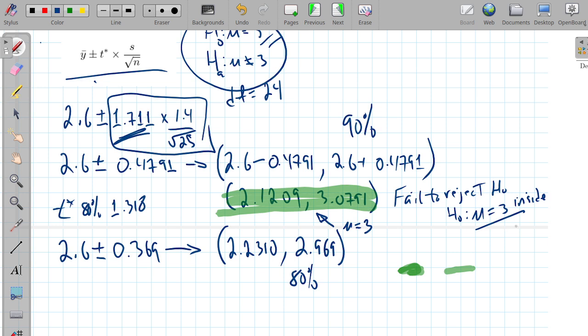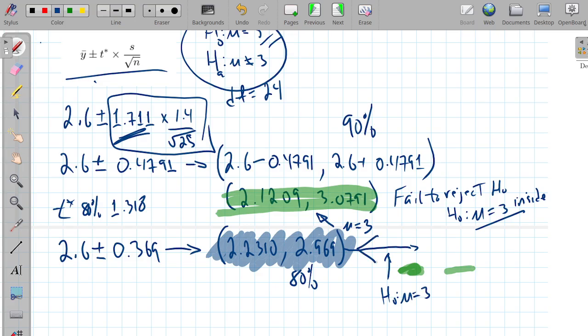However, when we change to the 80% confidence interval, that's down here. We'll use a different color for that one. Here's 80%. We notice at the 80%, if this is on a number line, the H null value, mu is equal to 3, is outside the interval.